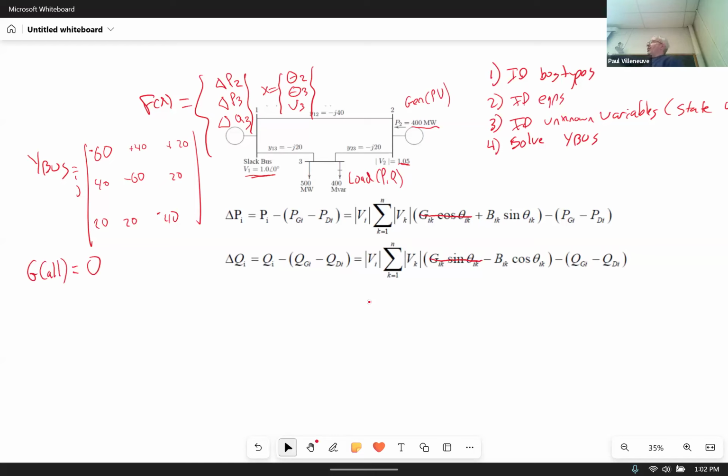So I don't care what the cosine of theta ik is equal to, because for all GIKs, cosine of theta times 0 is 0, doesn't matter. Or sine theta ik times GIK is always going to be 0. So I'm not even going to bother writing that part of it. I'm just going to completely ignore that.